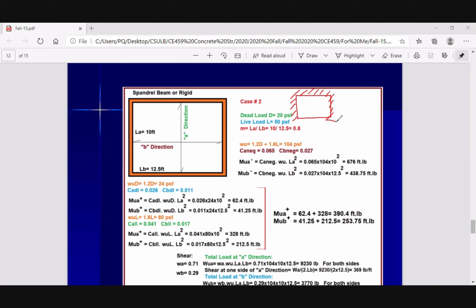So based on this, it is fixed support, fixed support, fixed support, simply support. That's it. And based on this, you should go to the table to see what case is matched with this one. And that's it. Okay, thank you. You're welcome.